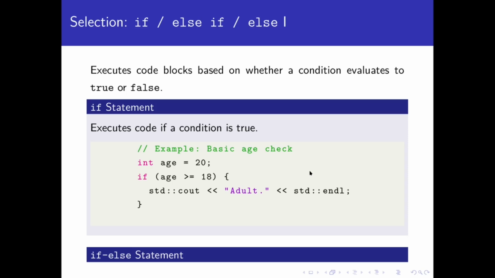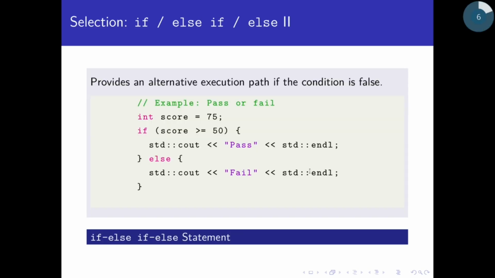Then you can also have the if else statement, in case you want to carry out some execution. In case the execution does not flow as we planned, we can still use else. The else statement provides an alternative execution. Now, if the score is equal to 75, maybe the student's score is 75, and we initially asked if the score is greater than or equal to 50, you should do this.